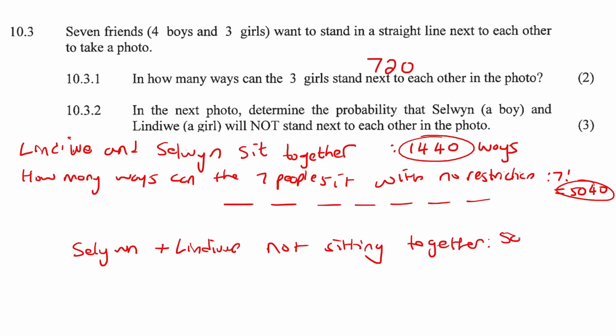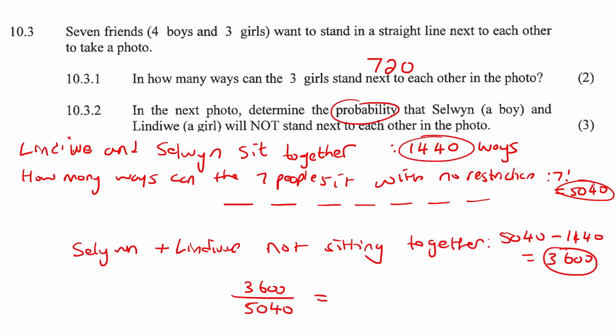That would be 5,040 minus 1,440, and that would be 3,600. So they said, what is the probability? So probability is always the thing we're looking for, divided by the total, which is 5,040, and that's 5/7. So there is a 5 out of 7 chance that they will not stand next to each other.